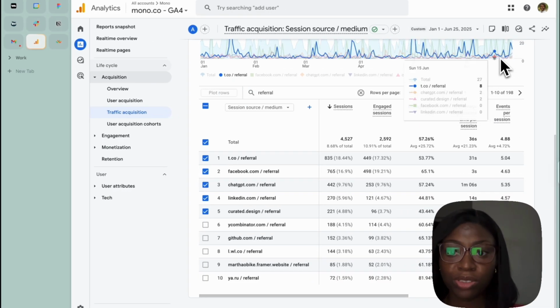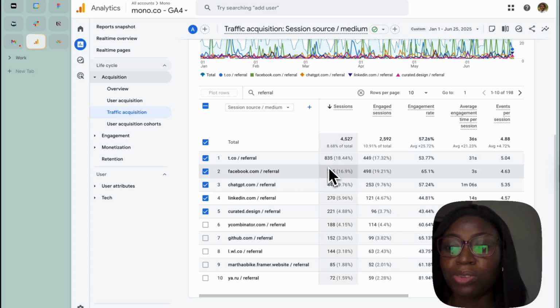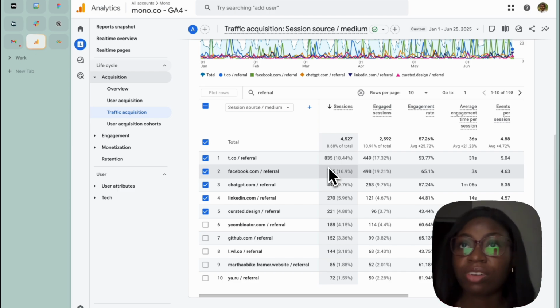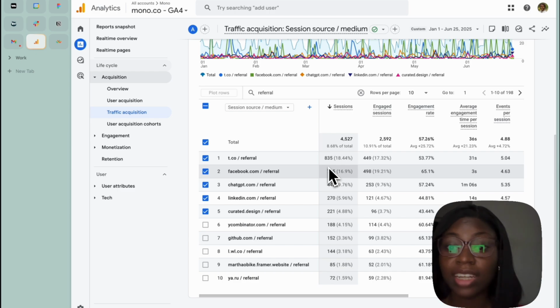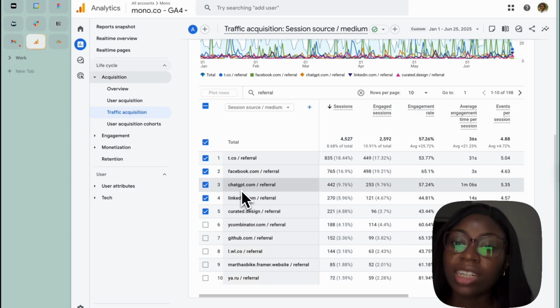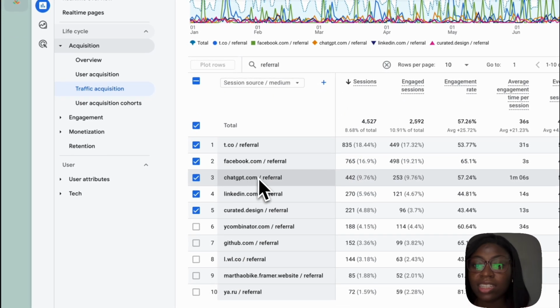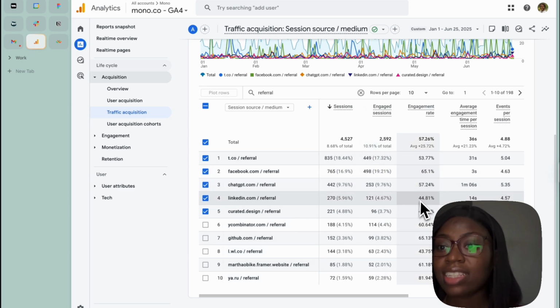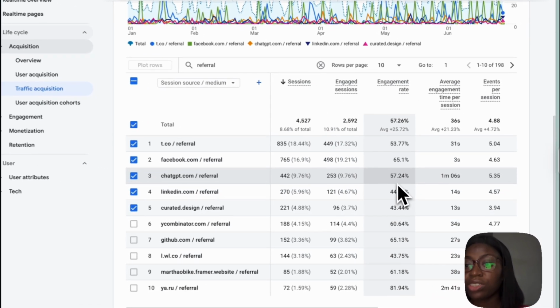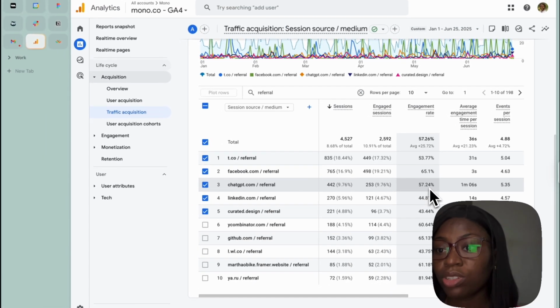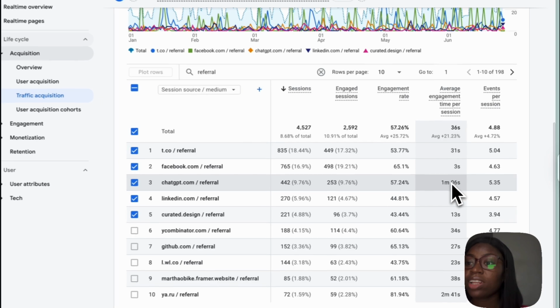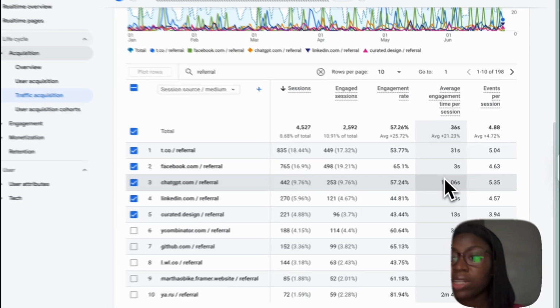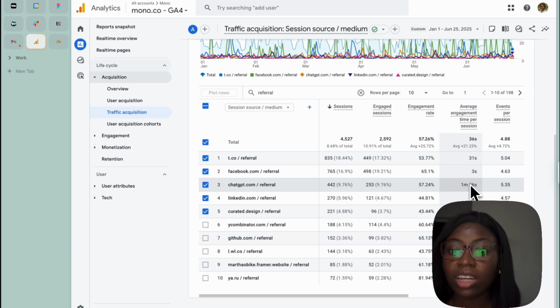Another thing I want to show you is how we are getting some of our referral traffic from generative AI tools. If you look here, you see that ChatGPT is one of our top three referral sources, and it has an engagement rate of 57.24%, and the second highest average engagement time per session.